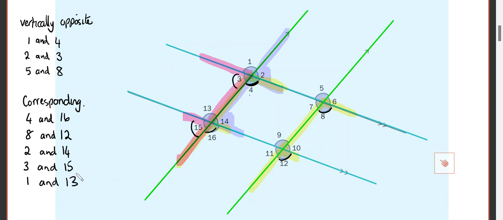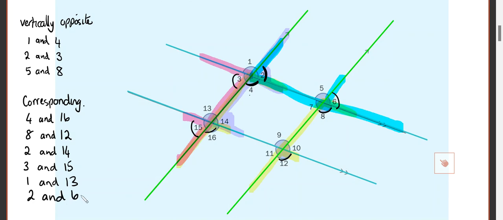Not only that, but F's can also be, as long as there's parallel lines, on their side. So I can do that one down like that way. So now I've got 6 and 2.